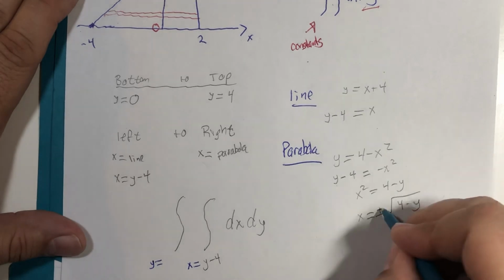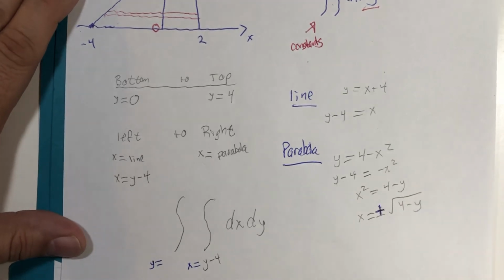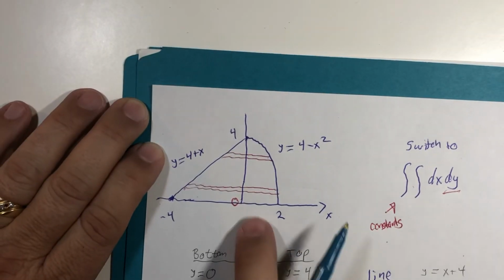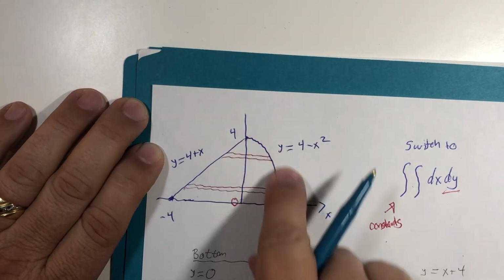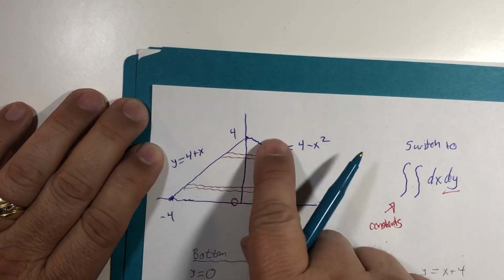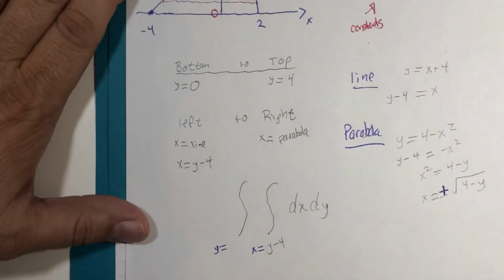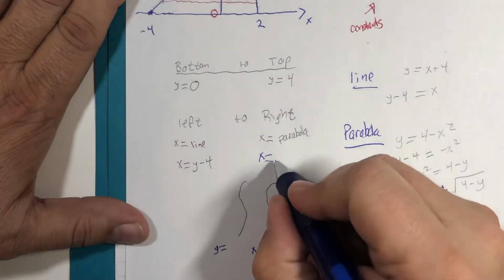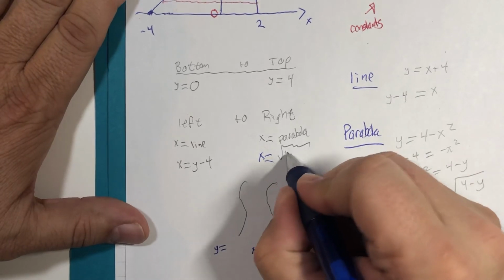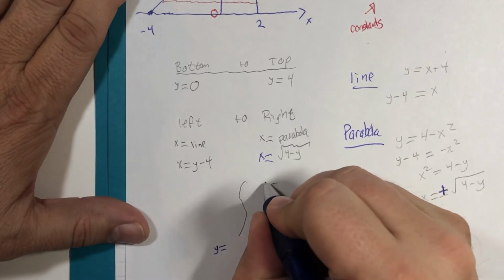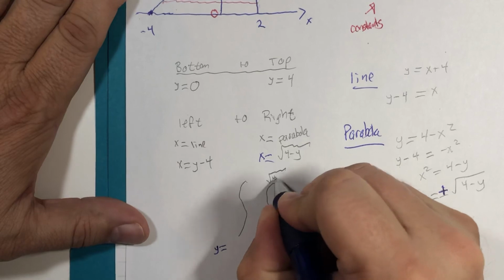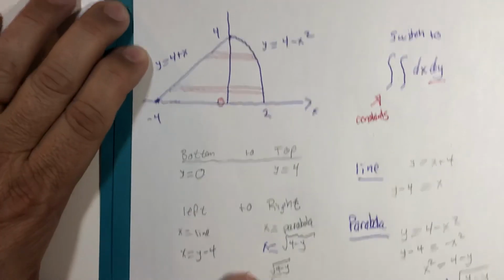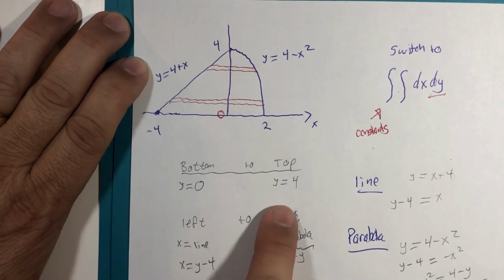And we know that the plus is the one we're interested in, because we're looking at the right half of this parabola. We're not looking at the left part of the parabola. That makes this my right-hand boundary: positive square root of 4 minus y. And my y boundaries went from 0 to 4.